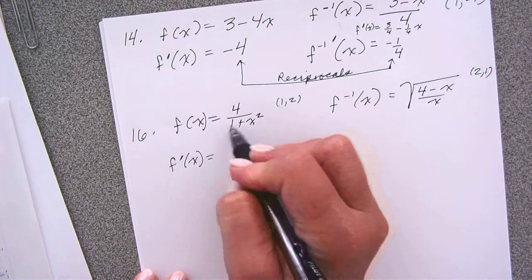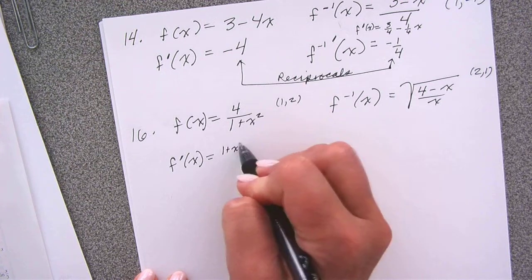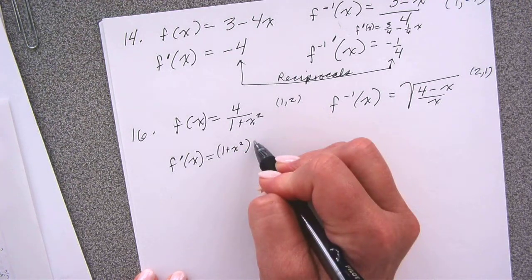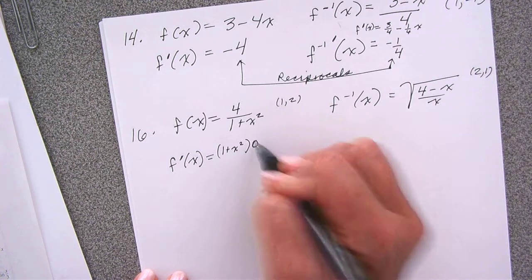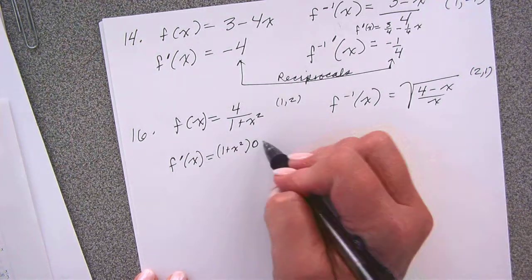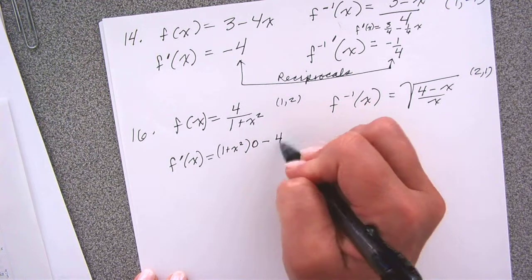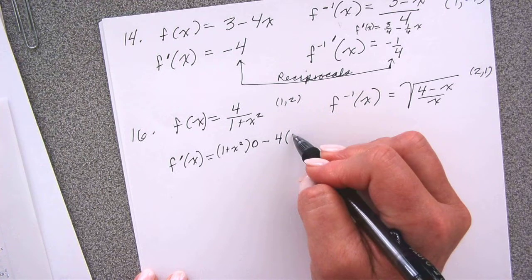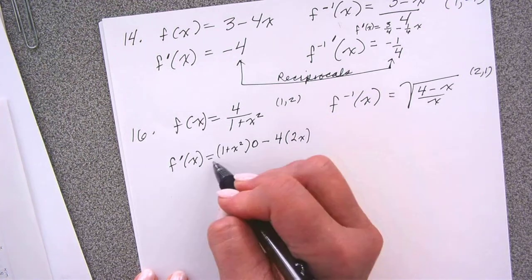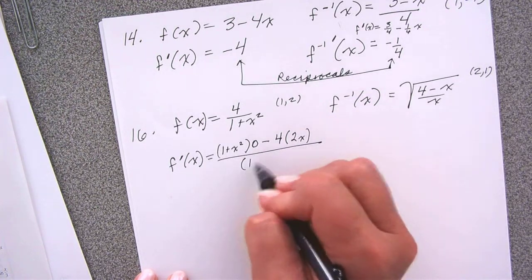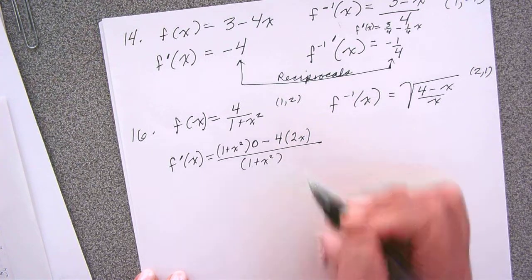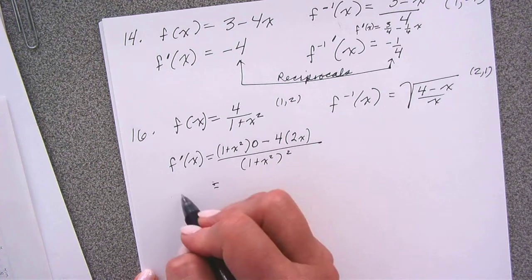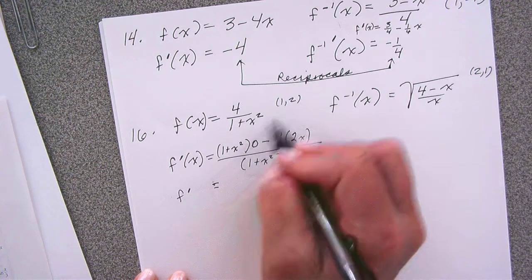So denominator, 1 plus x squared, times the derivative of the numerator, which is 0, right, because it's a constant, minus numerator times the derivative of the denominator, 2x, all over the denominator squared. Okay, so then we can go ahead and plug in the x value of 1.